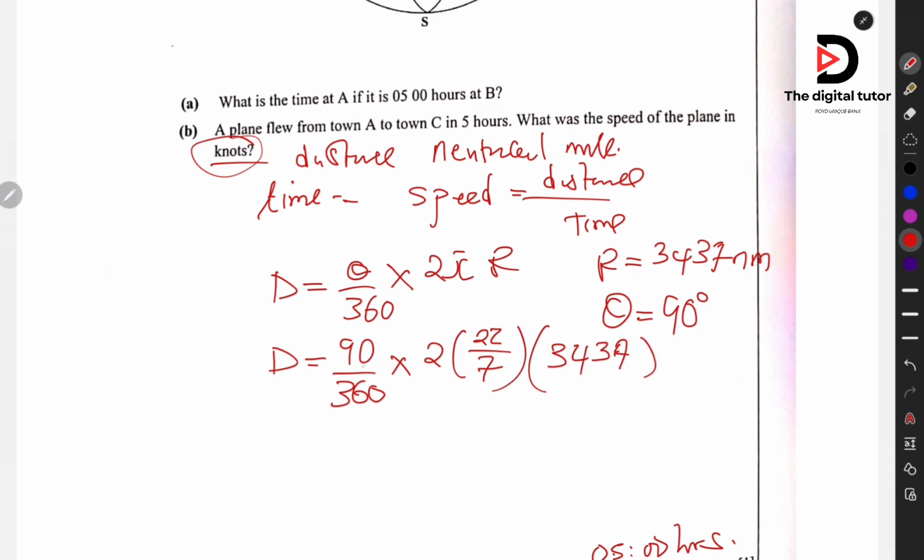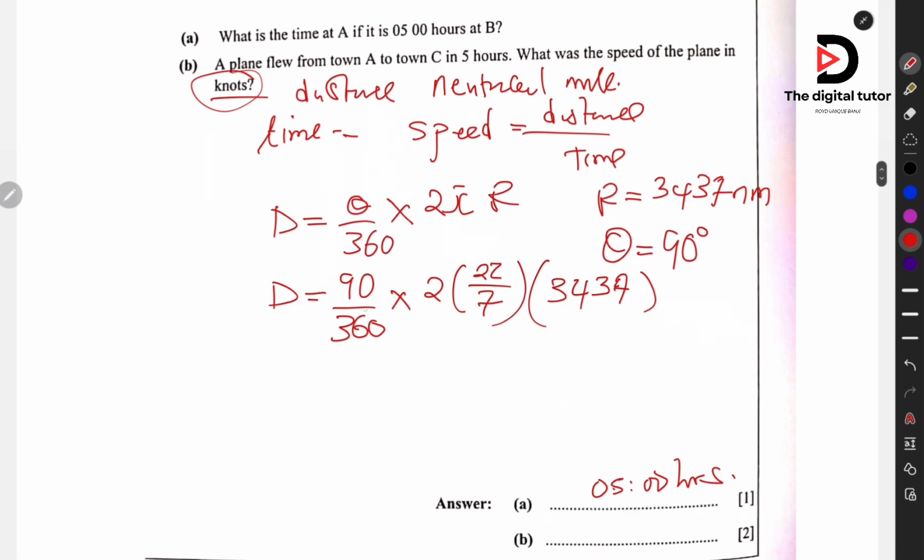Now we can start by reducing this. 90 into 90 is 1. Then 90 into 360 is a 4, which is just the same as 9 into 36. It should be a 4.